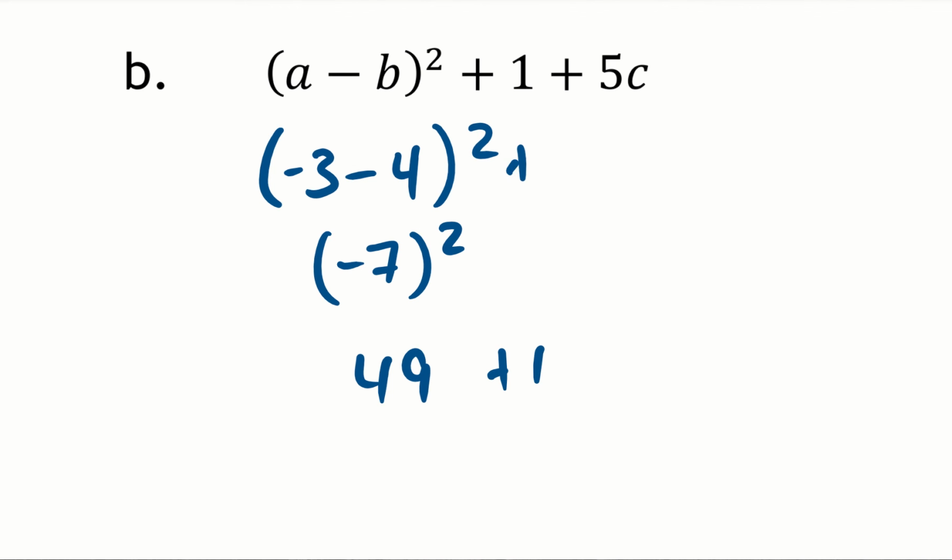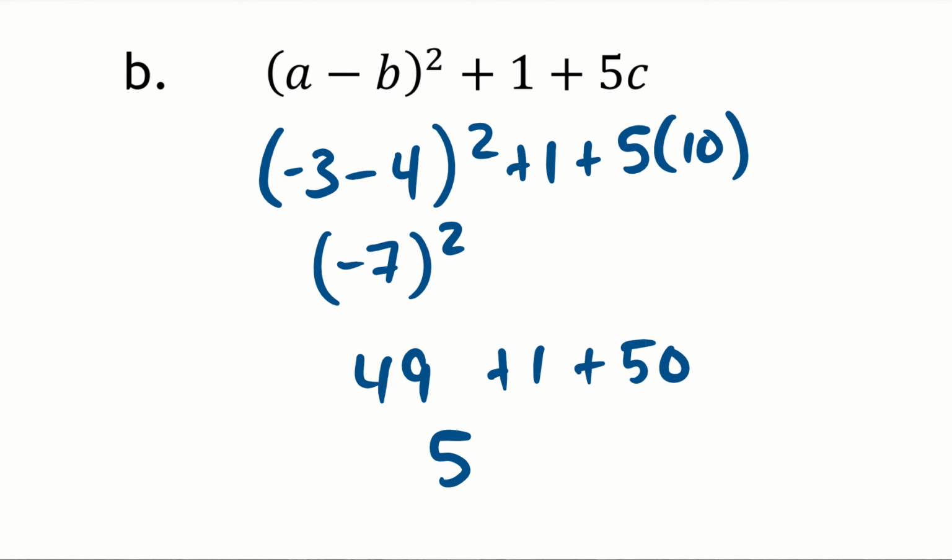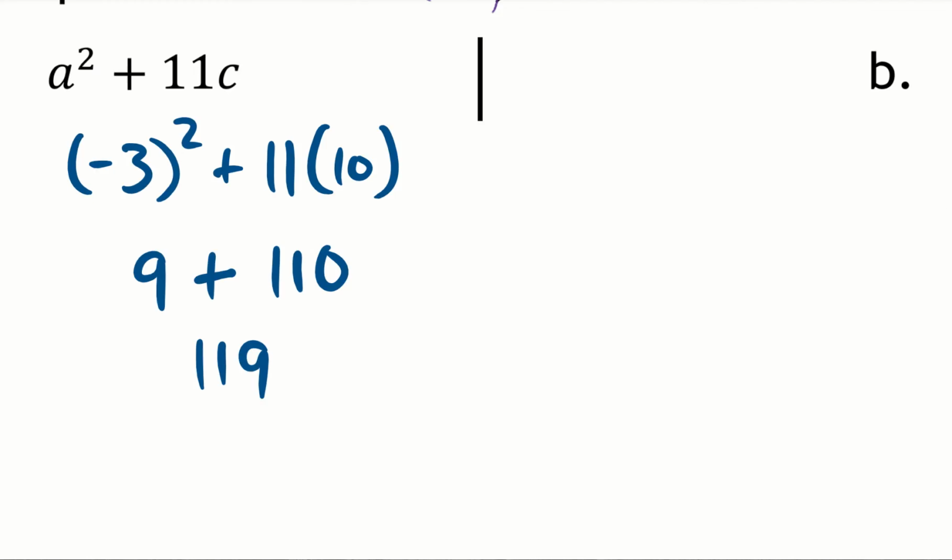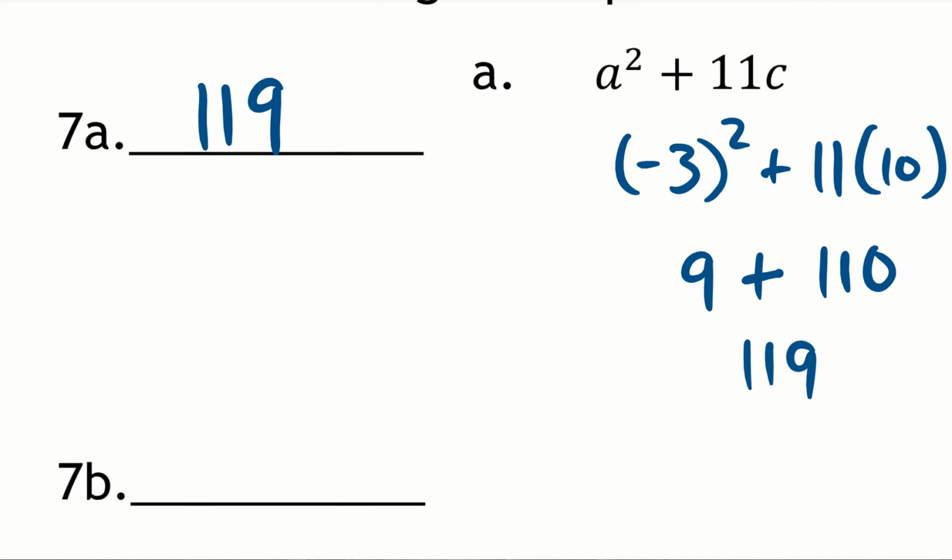Plus a 1, and then plus 5 times C. Well, C is 10. 5 times 10 is 50. So this is looking quite nice. This is the number 50 plus another 50. That means that this is the number 100. Fabulous.